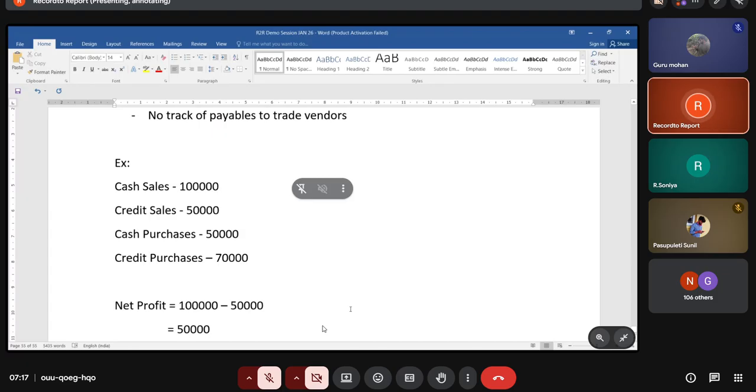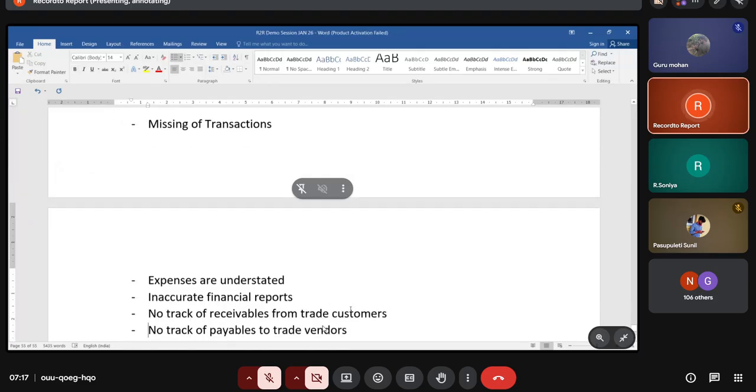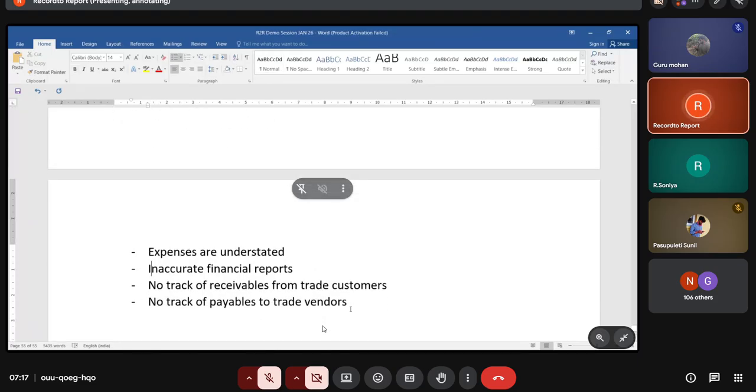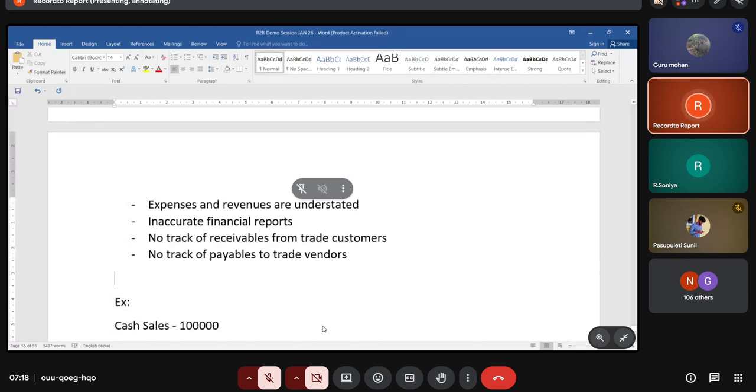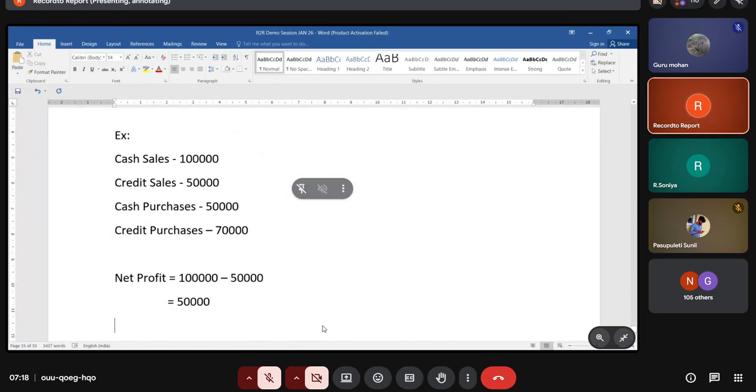If it does not record these credit purchases, the profit is overstated and expenses and revenues are understated. That means we are showing less. So is the profit we show in the books of accounts accurate, guys? No, the financial reports are inaccurate.